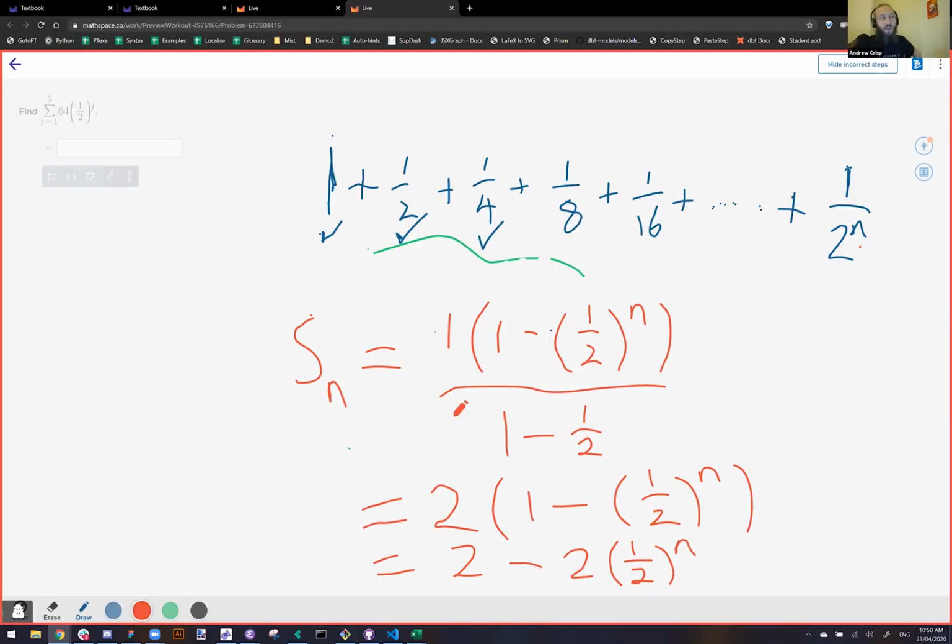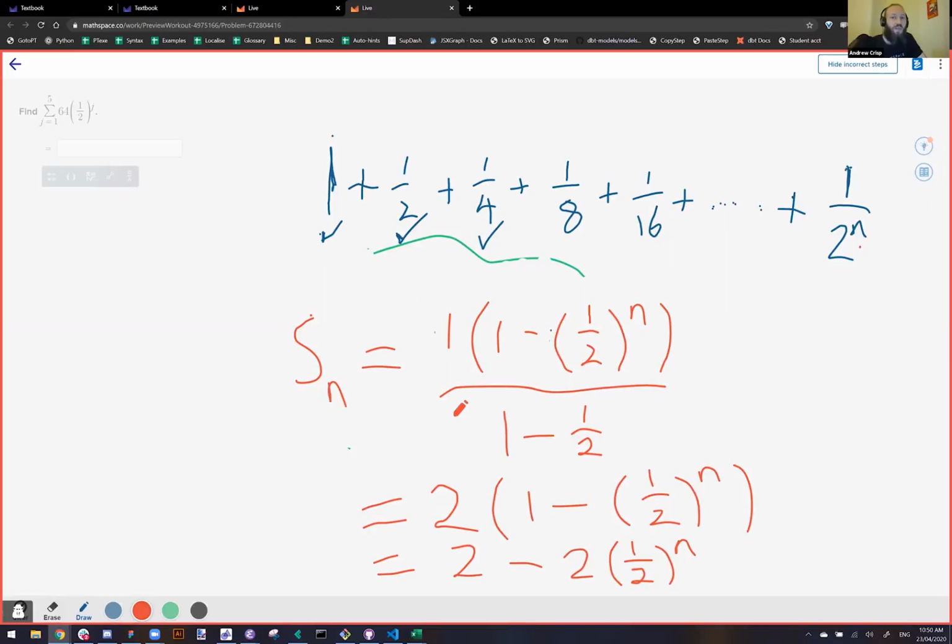A guy named Leonhard Euler, who I'm sure you'll hear more and more about as you advance in your mathematical career, figured something out. What happens if n is big, and we're talking really, really big? Well, if n is really big, then 2 to the n is way bigger than that. But a half to the power n is the same as 1 over 2 to the n.